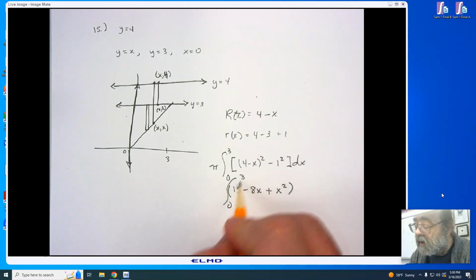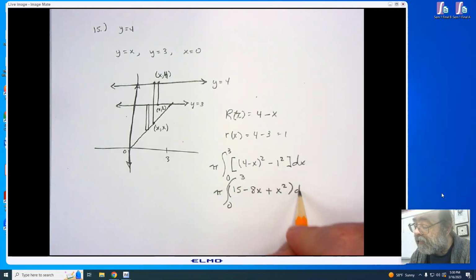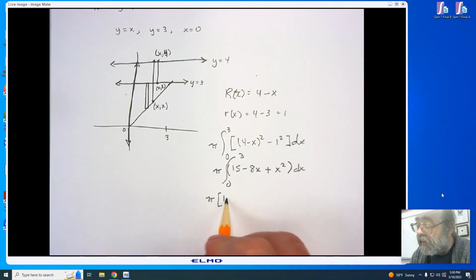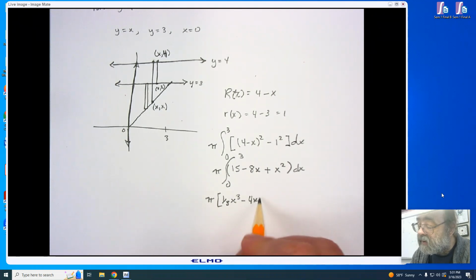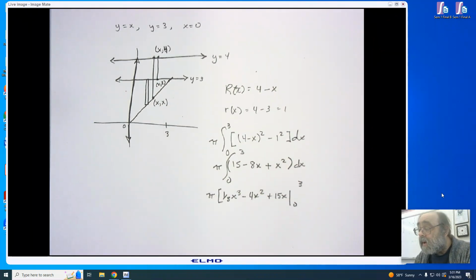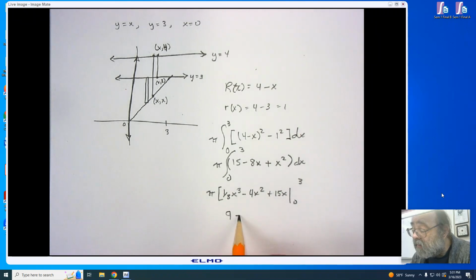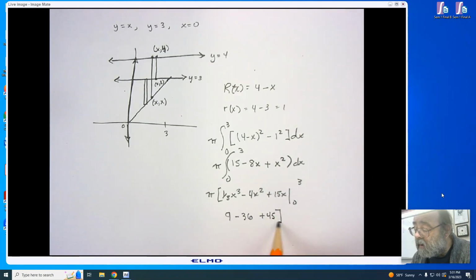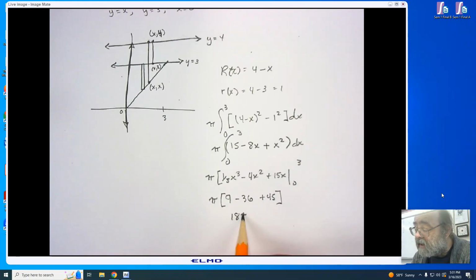Integrating 0 to 3, multiplied by pi. I'm going to end up getting pi times 1/3 x cubed minus 4x squared plus 15x from 0 to 3. This is giving me 9 minus 36 plus 45 multiplied by pi, and my answer is 18 pi.